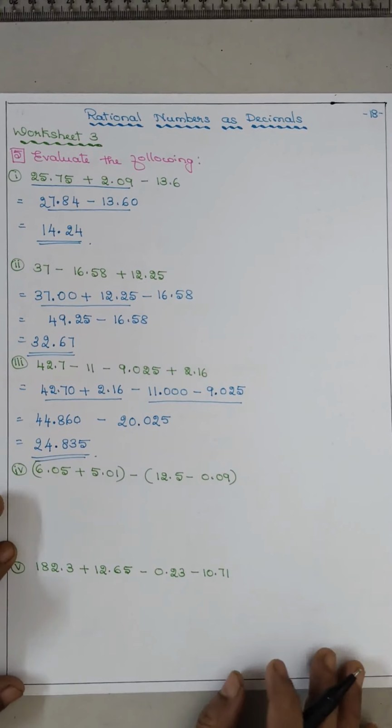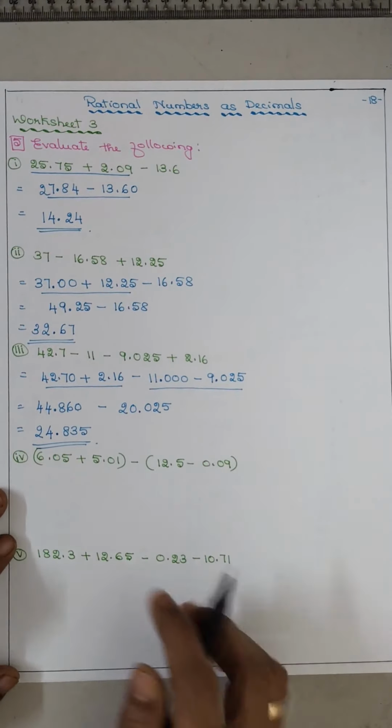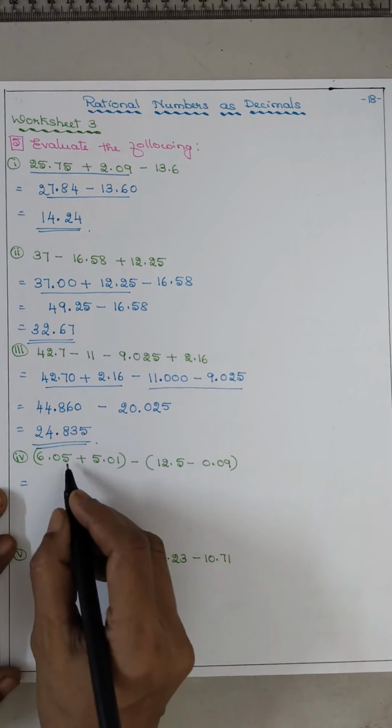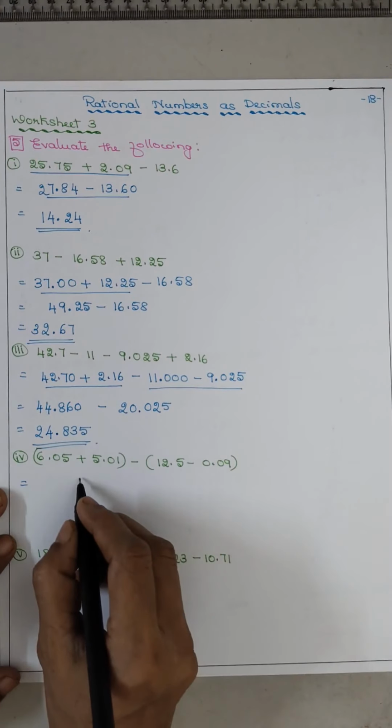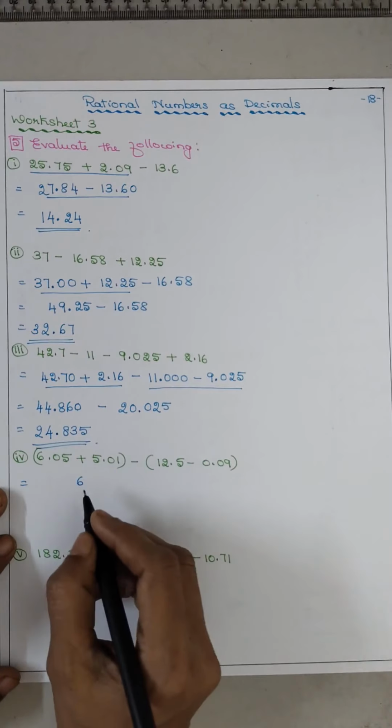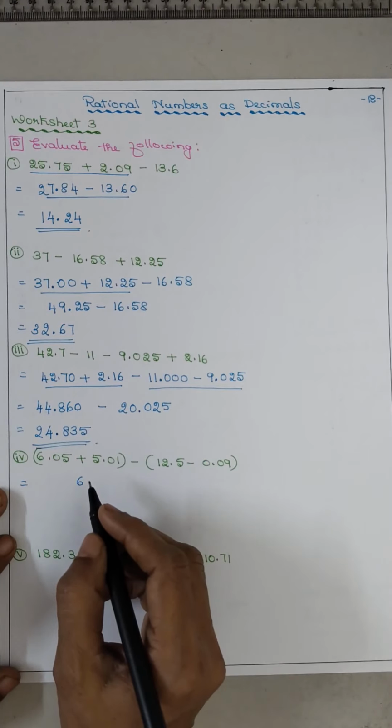Now it's given in the bracket already, so solve this. 0 plus 1, 5 plus 1, 6.